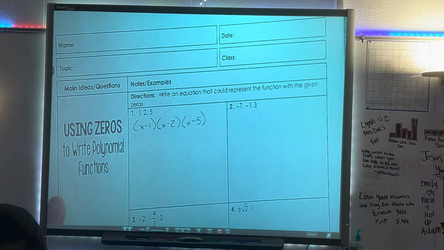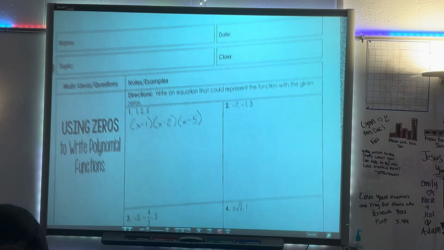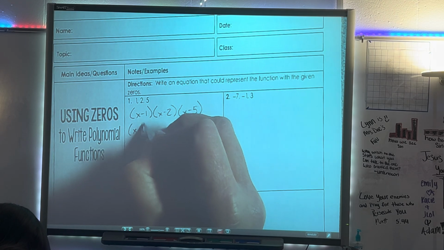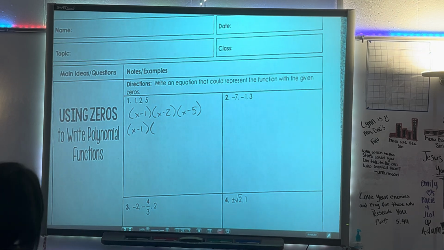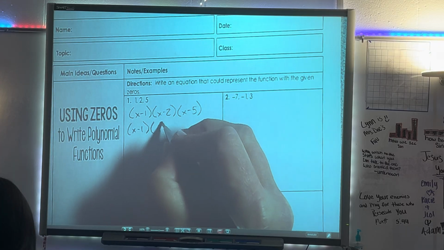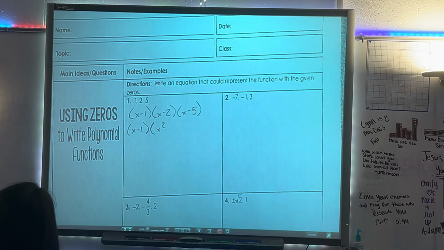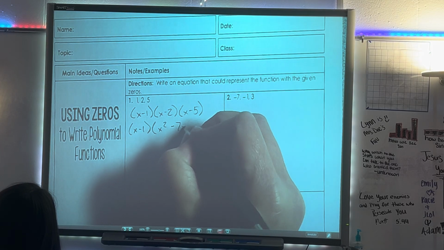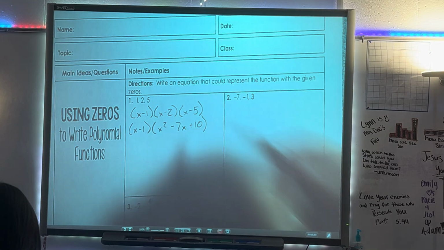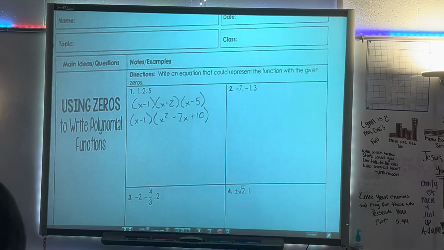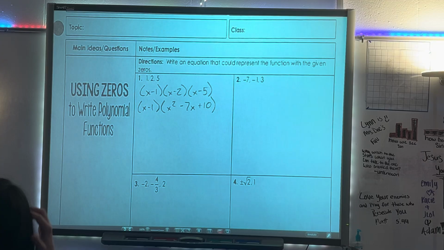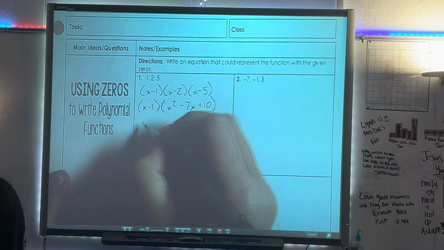I would probably leave the x minus one and get this trinomial first. So it's x squared, negative two x, negative five x would be negative seven x, and then plus 10. And then we'll have double distribution here, so I'm going to stack that for space.